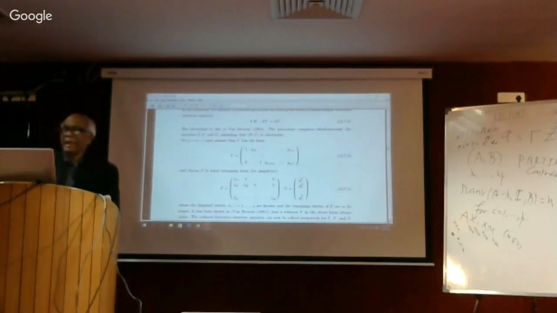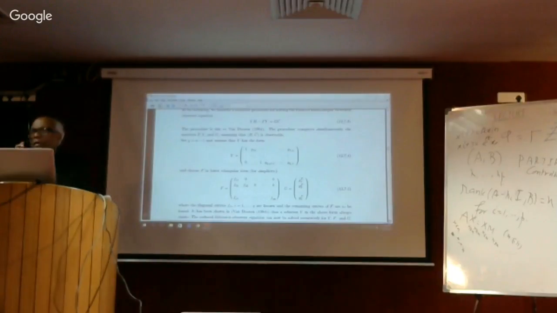The matrix F, remember, has to be stable or a matrix with known eigenvalues. In this case, we take it as a lower triangular matrix, in this special form, because of computational convenience, and there is no harm in doing that.